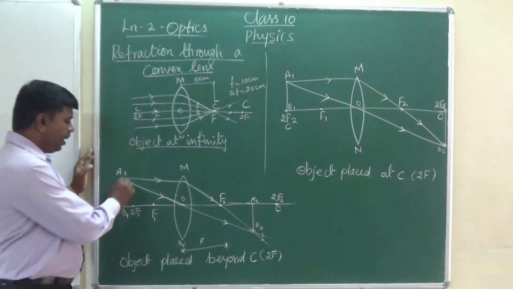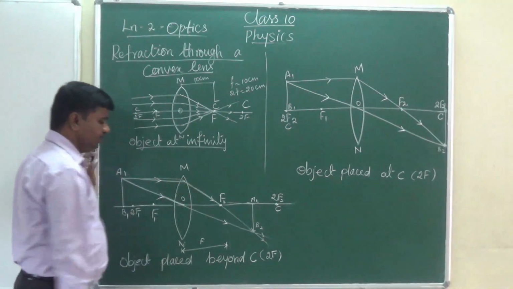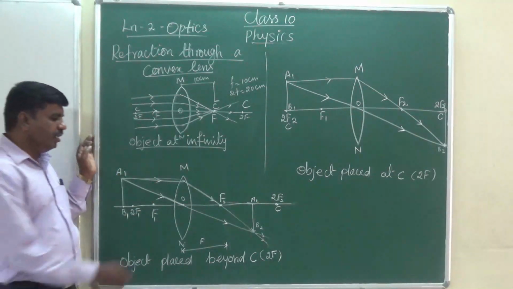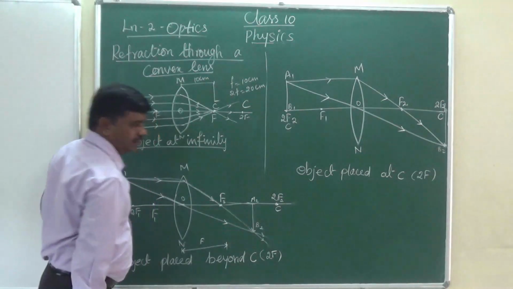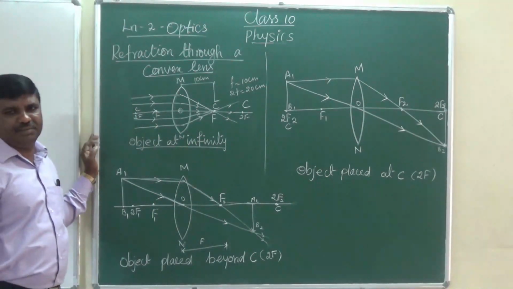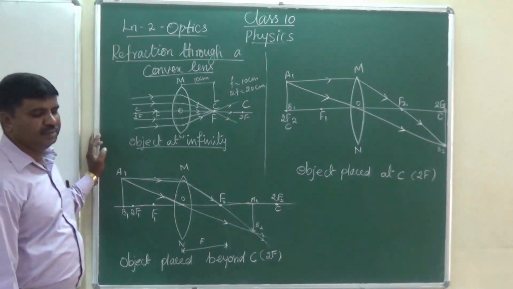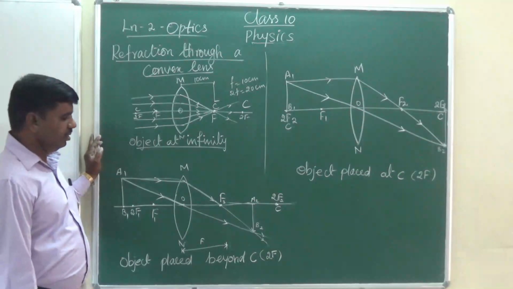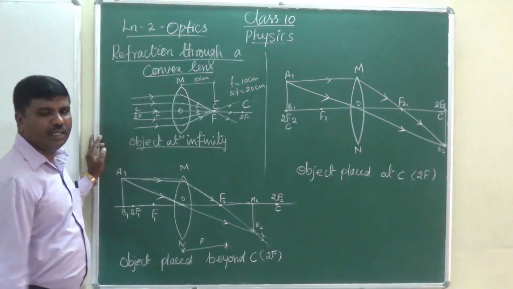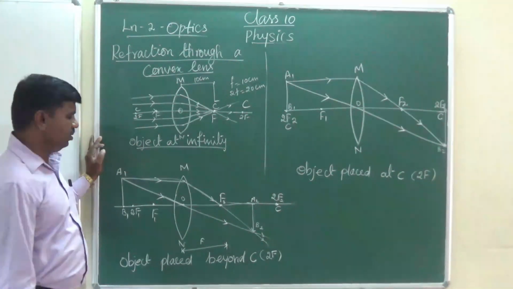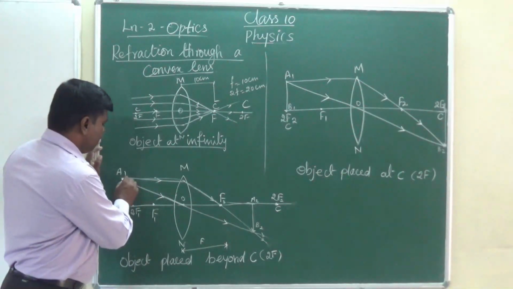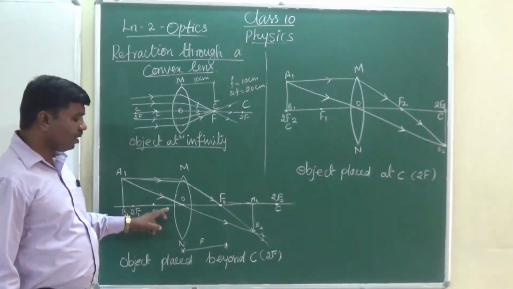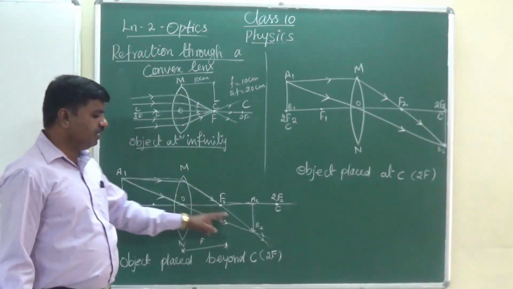When the rays are parallel to the optic axis, they take deviation at one point. Already we saw that in the lens rule. So when the rays are parallel to the optic axis, they take deviation.